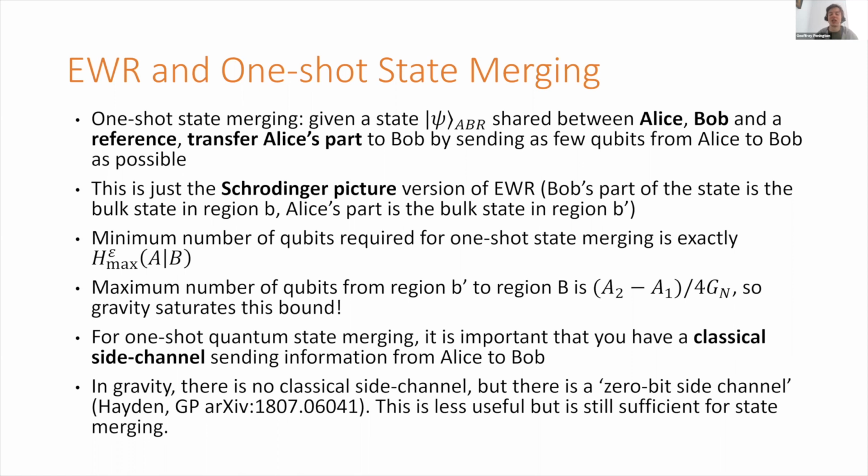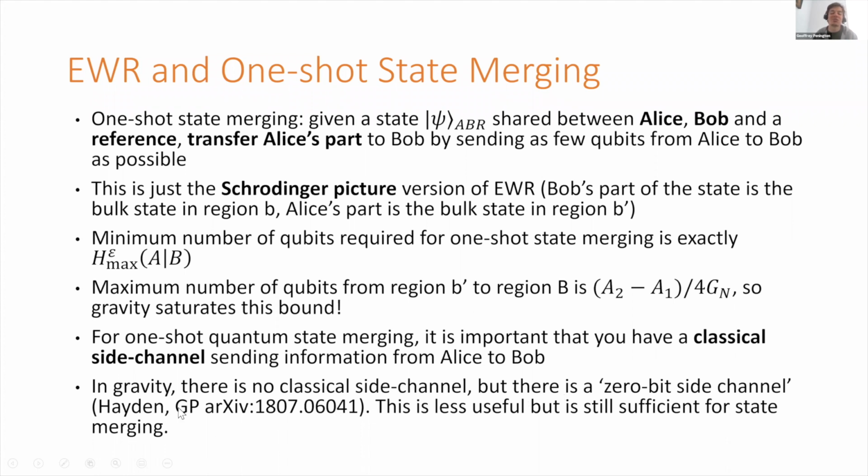You can see this using a Holevo bound that was done by Bao and Ooguri a couple of years ago. But what you do have is what's called a 0-bit side channel, in that what you're actually learning is not just A2 minus A1 qubits, but actually what Patrick Hayden and I called alpha bits, for alpha equal to A2 minus A1 over 4G divided by the total amount of information that's sitting in region little b prime.